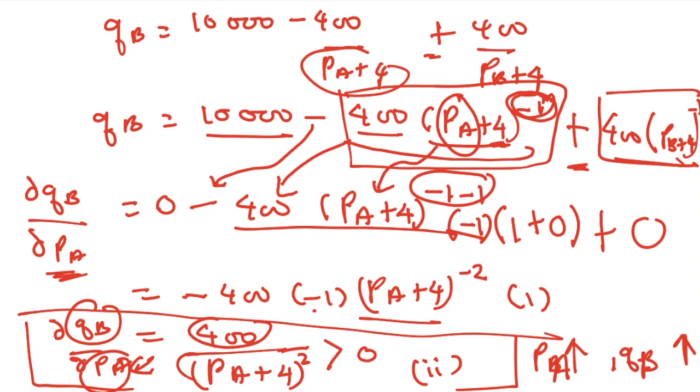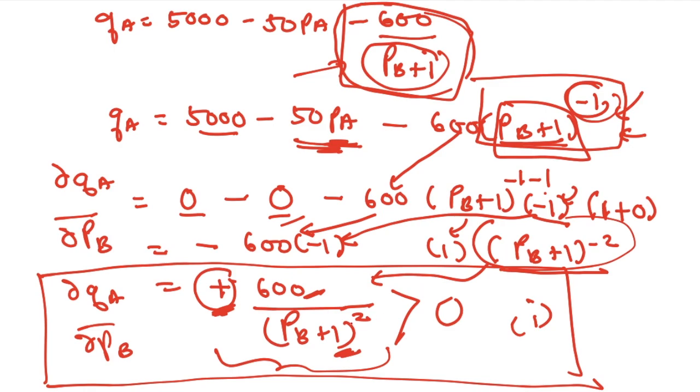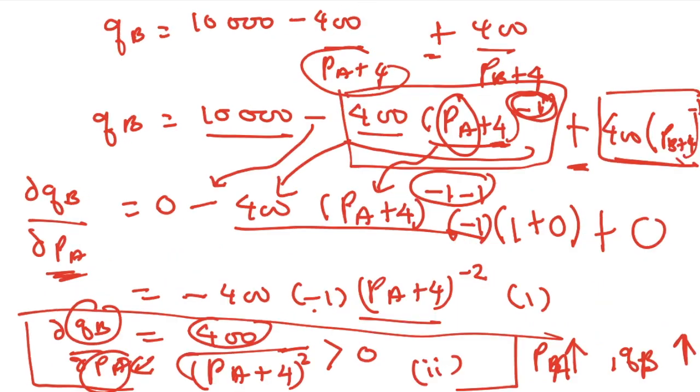So if you look at the first one here, also the same thing. If price of B increases, quantity of A increases. Can you see? So what can we say about A and B? Both of them are moving in the same direction, that means if price of A increases, price of A becomes relatively more expensive, people demand more of B, isn't it?